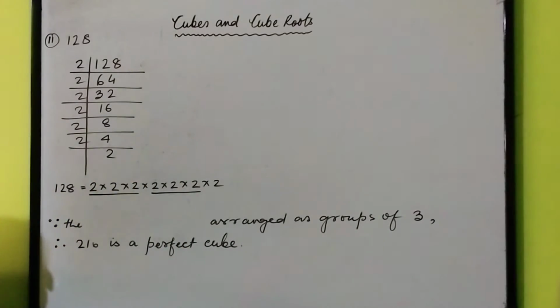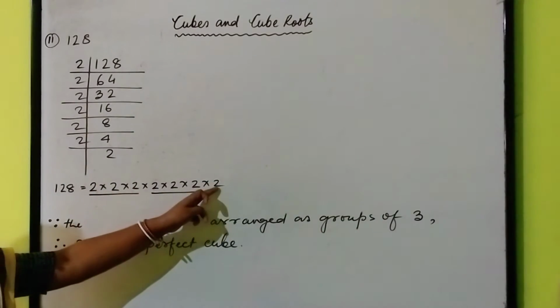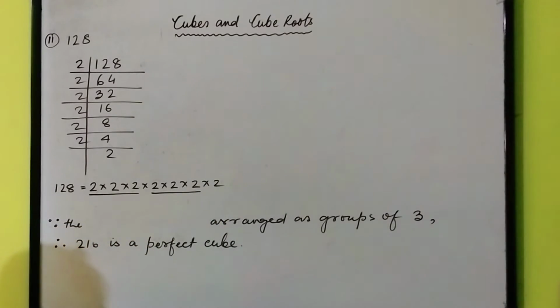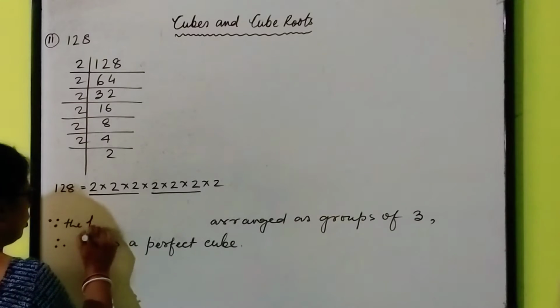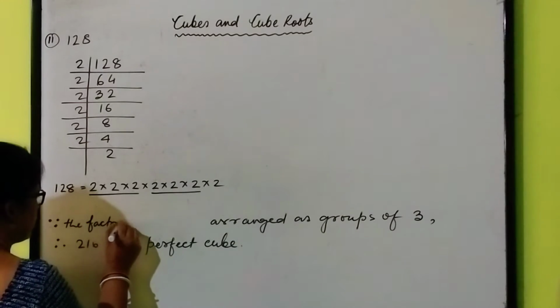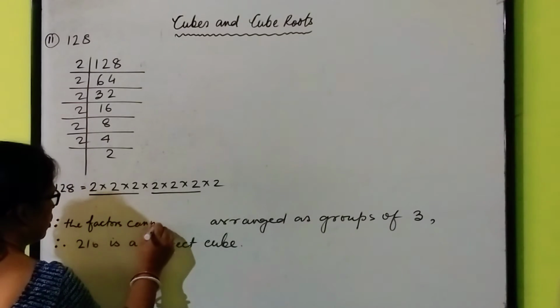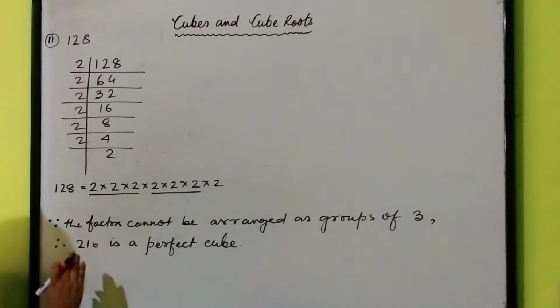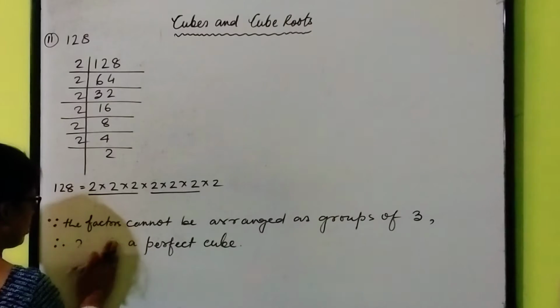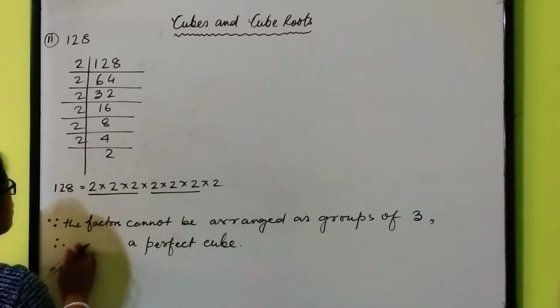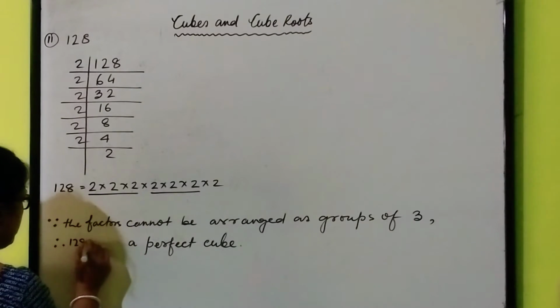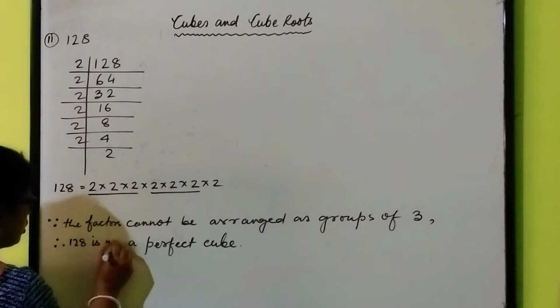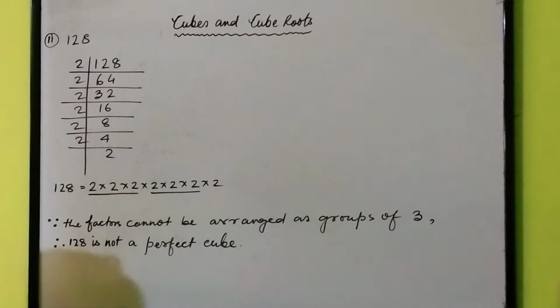Here you cannot write all the factors as groups of 3. So you write: since the factors cannot be arranged as groups of 3, therefore 128 is not a perfect cube.